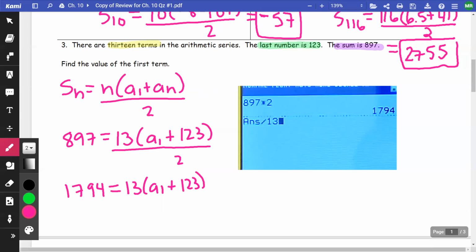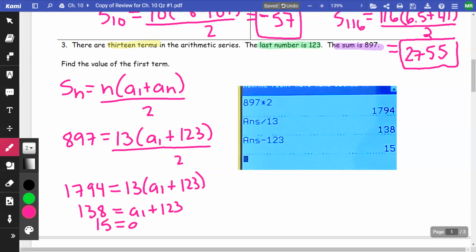I'm going to divide by 13 and I get 138. I am going to minus 123 and I get 15 is equal to a1. So my first term is 15. And this is what the quiz is going to look like. If you can do these problems, again, without help, without watching the video, without notes, you're ready for the quiz.